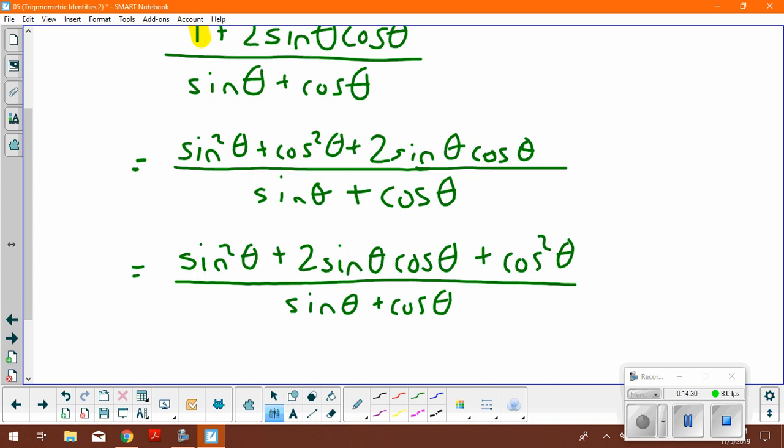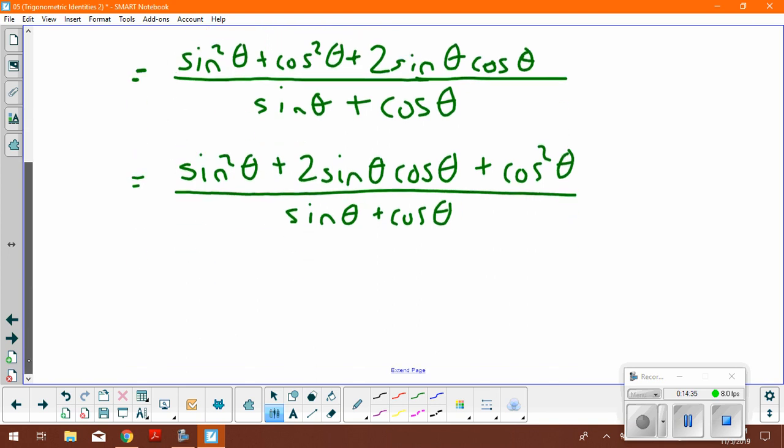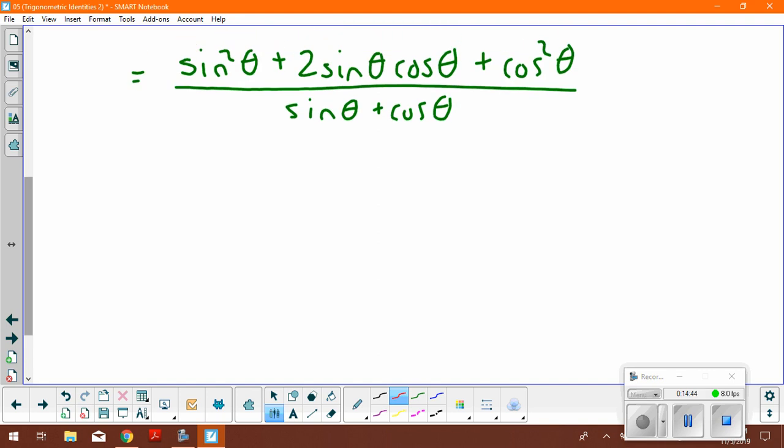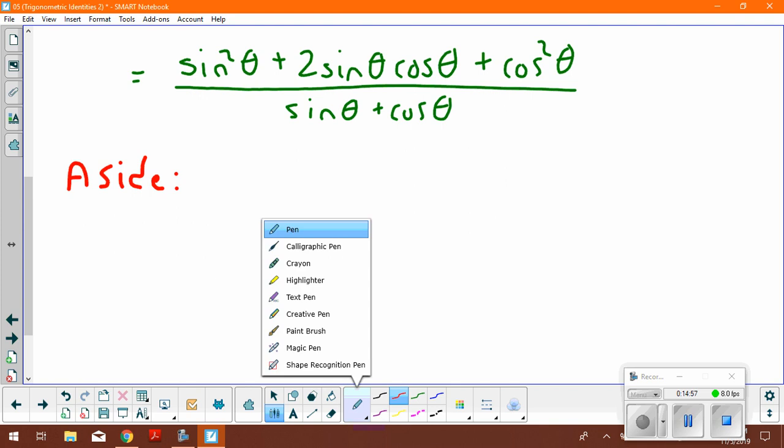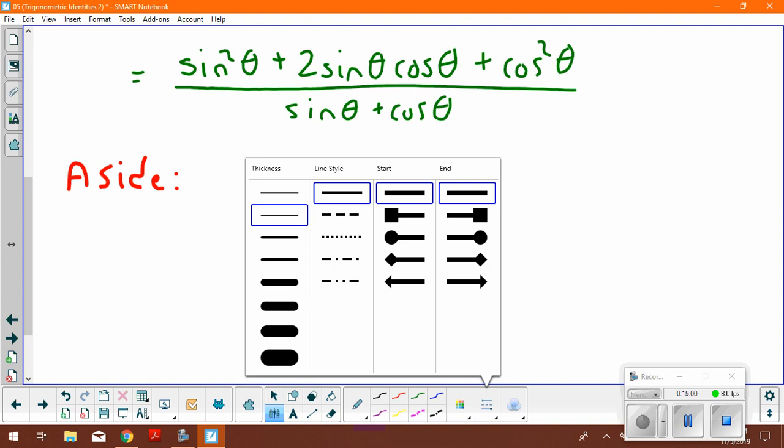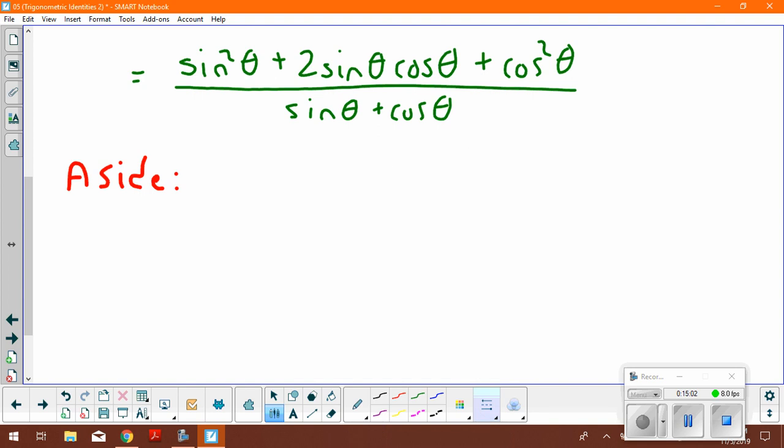Okay, so the reason I did that, I'm going to do a little aside here. The part that's in red, I'm about to write. It's up to you if you want to write it down. You don't have to, but it might help you see what's going on. Even though it's in terms of sines and cosines, it kind of looks like this.